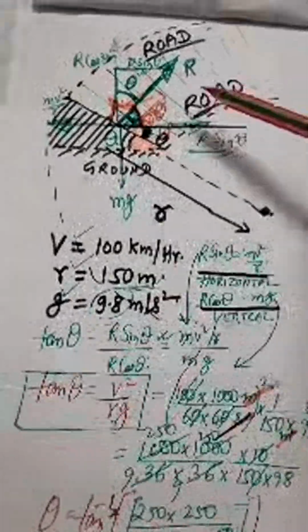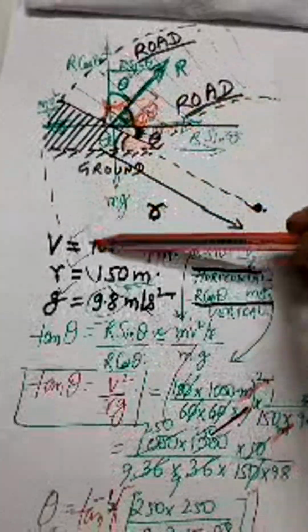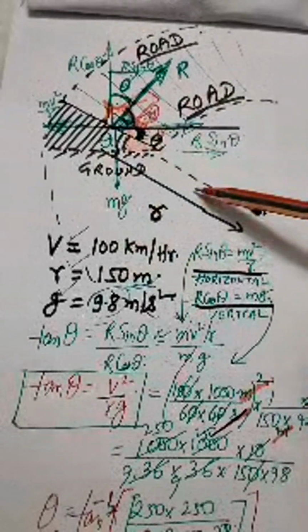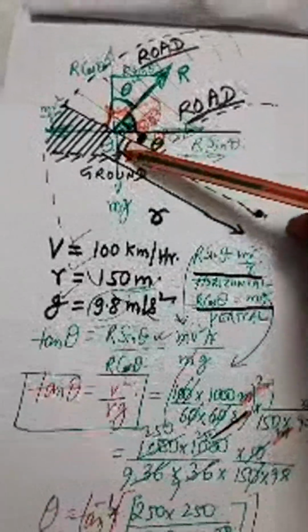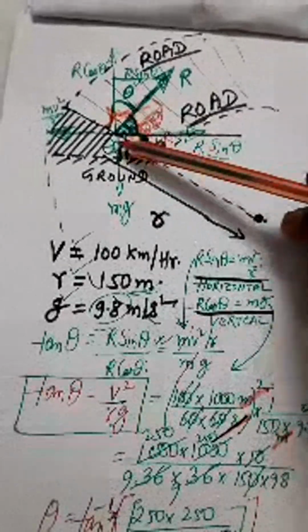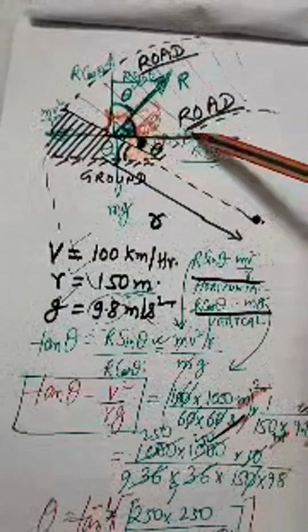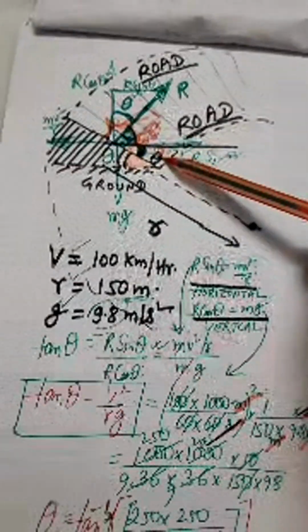This car was there on the bank, that is a road which is in a circular path. Now this car is having an inclination with the ground, and this is shown from the side view, this angle theta. When you draw this imaginary vertical and horizontal line, you can see this theta will be equal to the alternate angle, black theta.